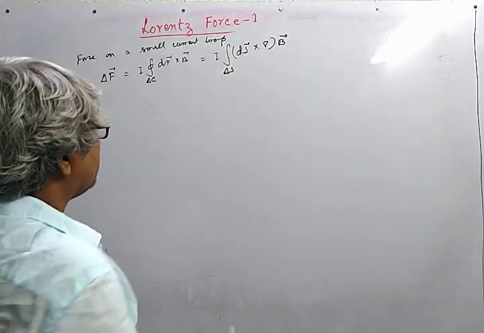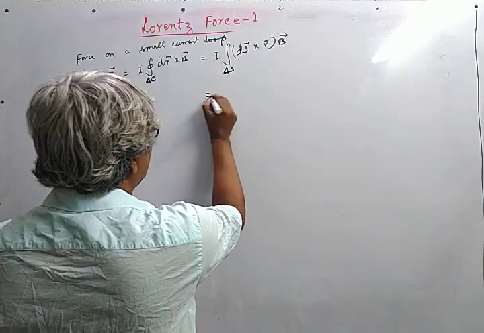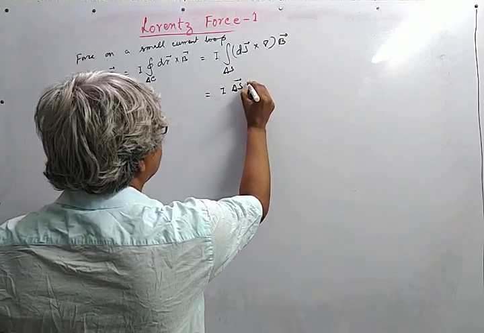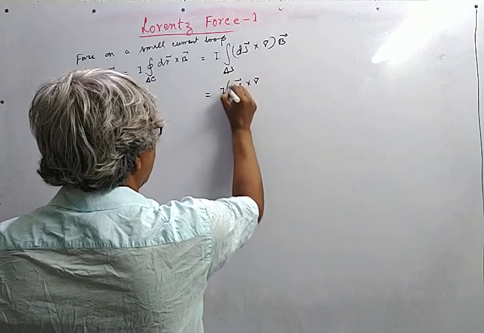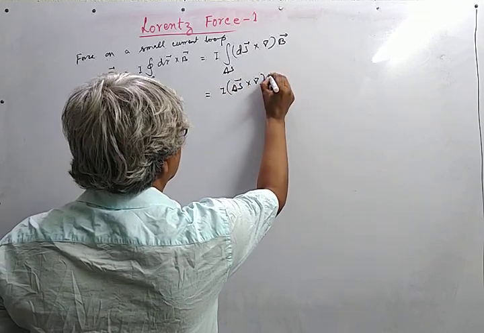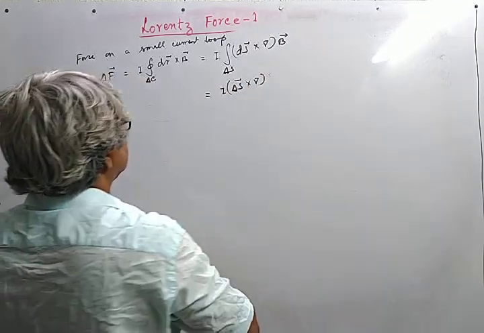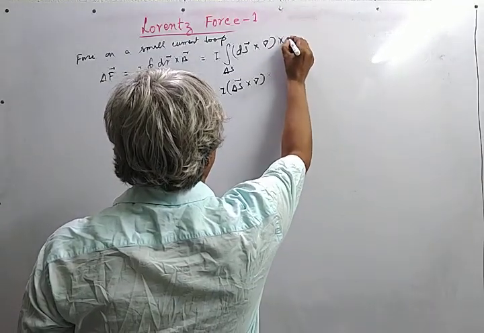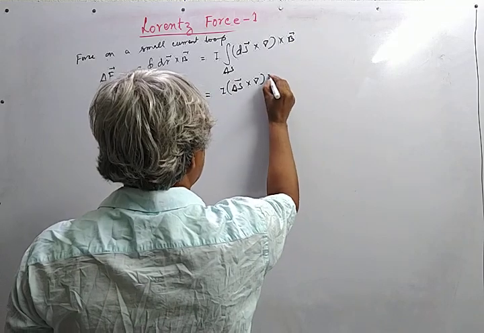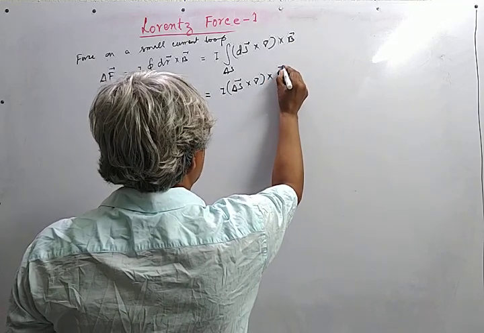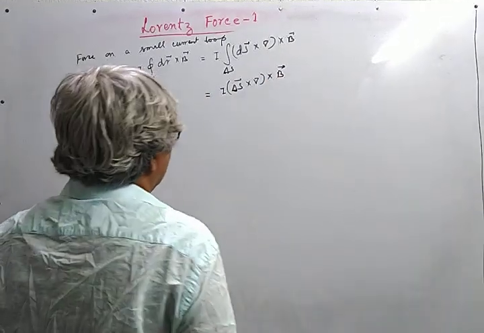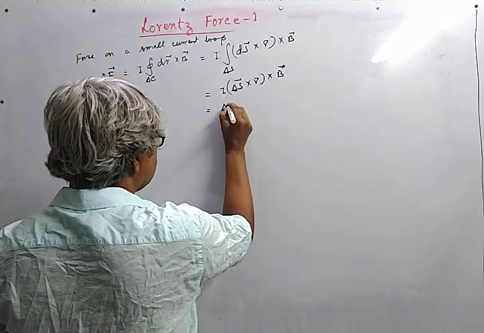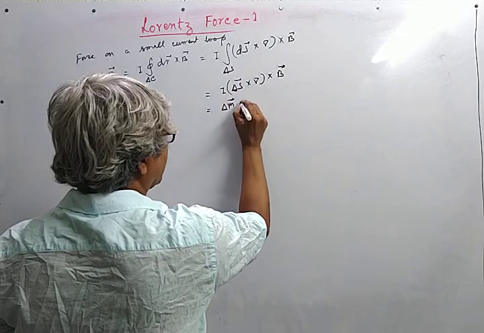If we assume that the surface area is small enough so that over this small surface area delta S the field does not vary appreciably, then we could write it as I delta S cross nabla cross B. Sorry, there is cross B. Now we can write it as delta M, the dipole moment of the current loop.